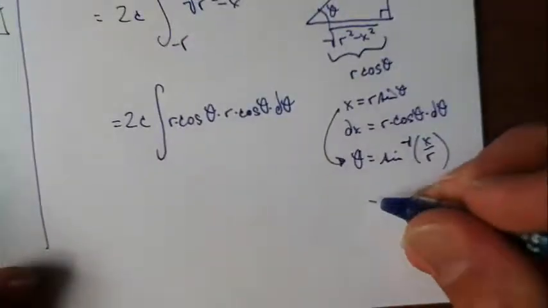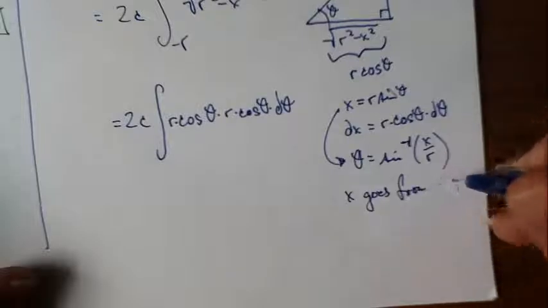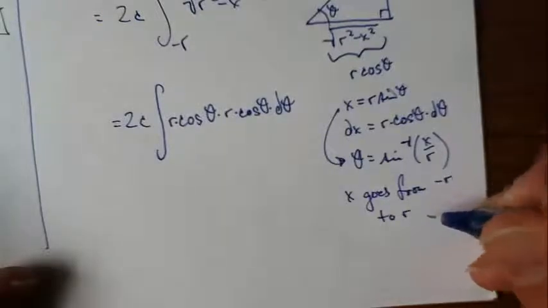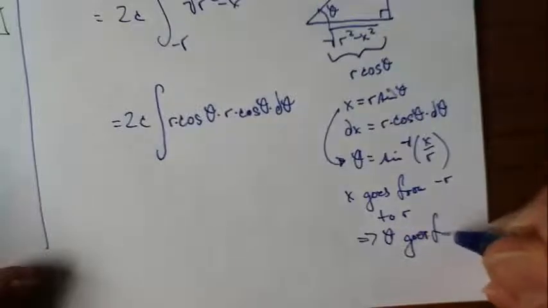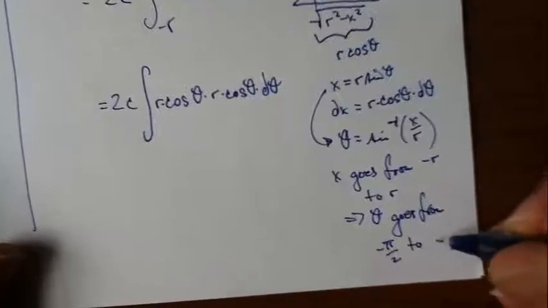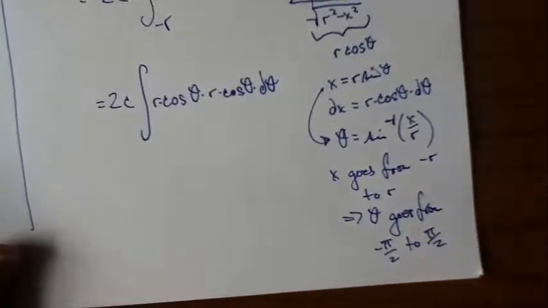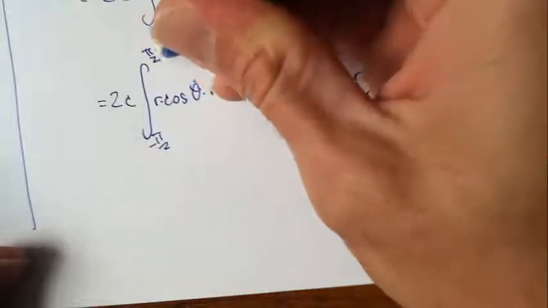So that means x goes from negative r to r, implies theta goes from negative pi over 2 to pi over 2. Right? So I'll put negative pi over 2, like that.